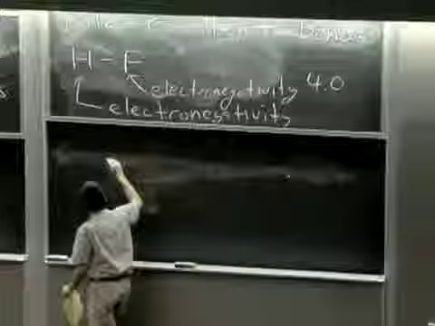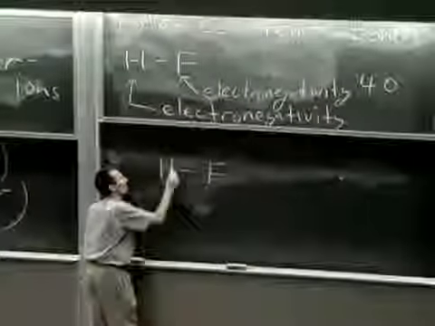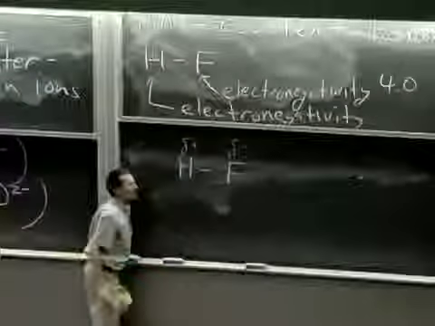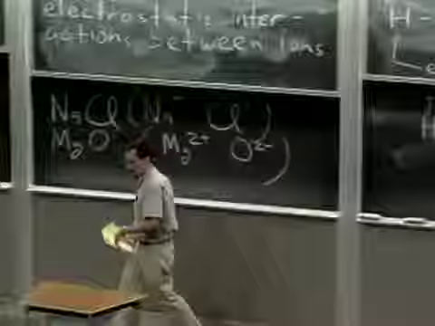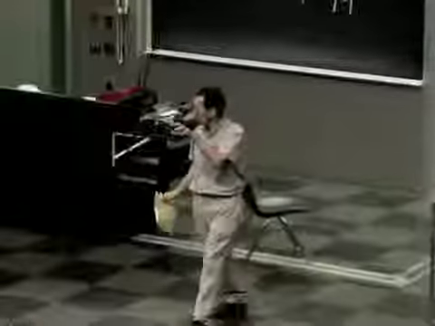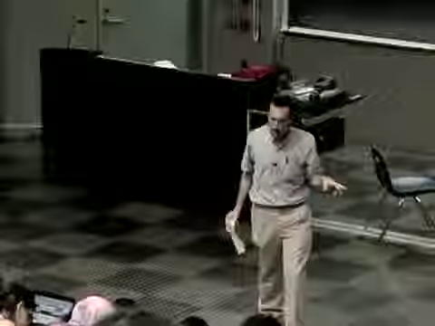And we can designate that HF with a delta positive and a delta negative. Delta means partial charge, so it means that we don't have a whole negative charge. We have a little bit more negative charge in one, a little bit more positive charge in the other.